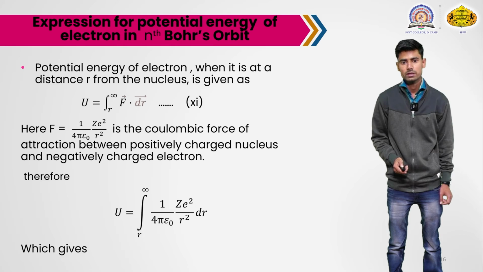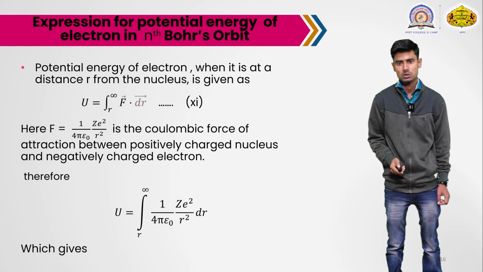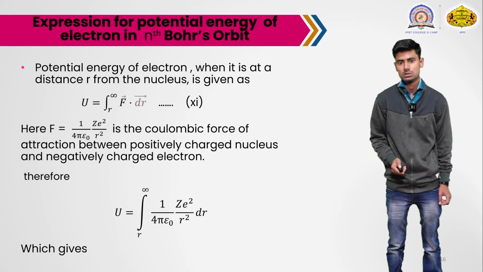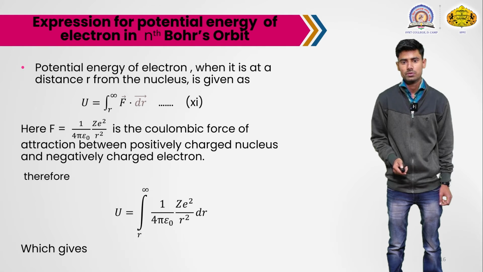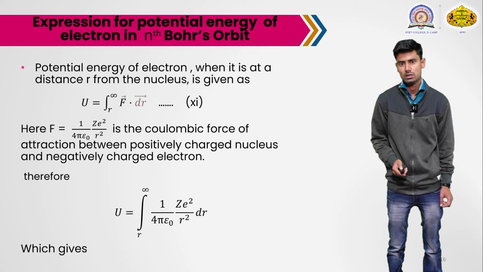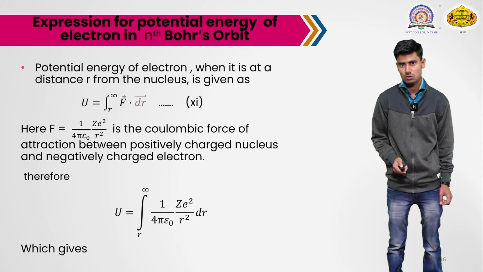Now let's find the expression for the potential energy of the electron in the nth Bohr's orbit. We can find the potential energy by knowing the nature of the force.